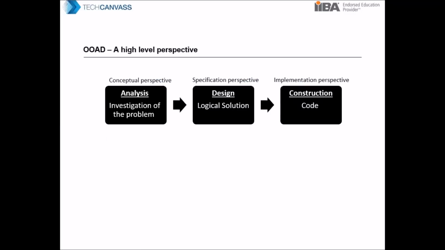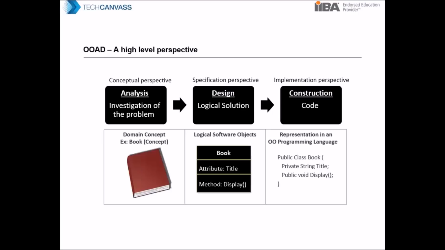Now, let's look at, from a very high-level perspective, what happens in OAD. Broadly speaking, we divide the entire phase into three different parts: analysis, design, and construction. Let's try and understand what happens in each one.